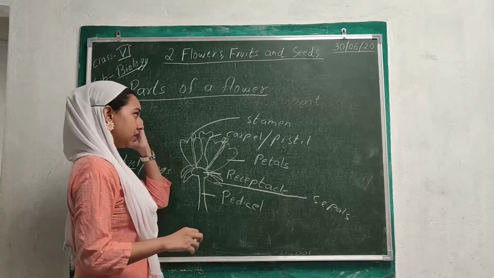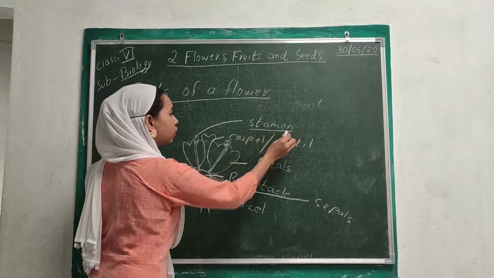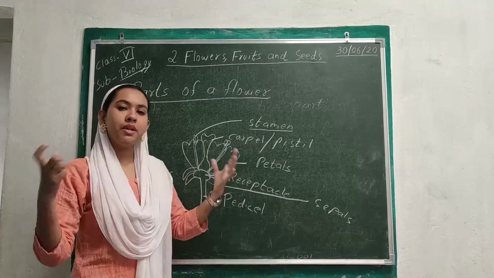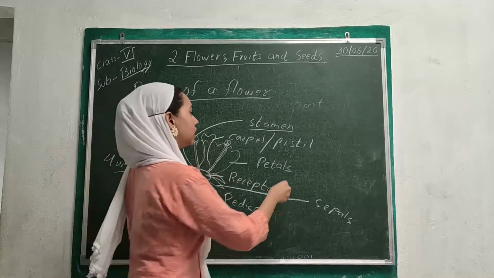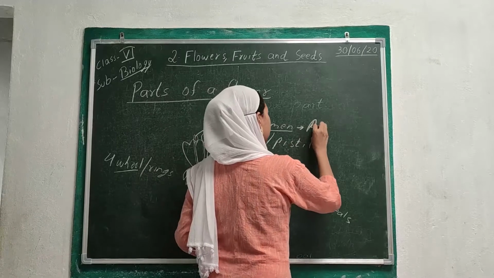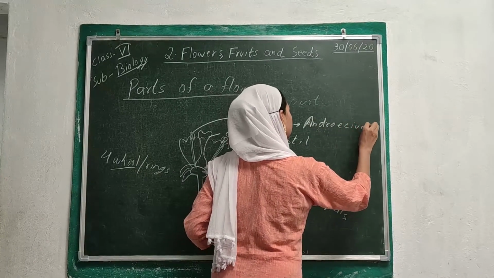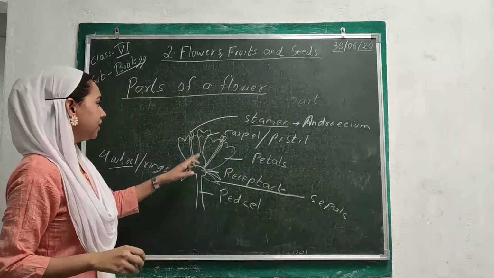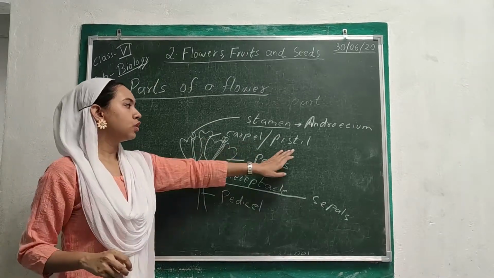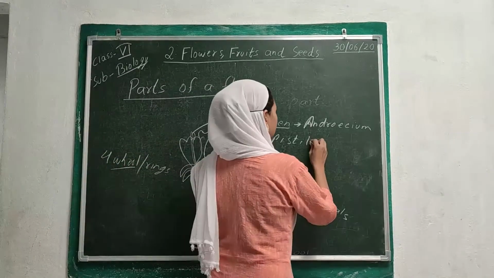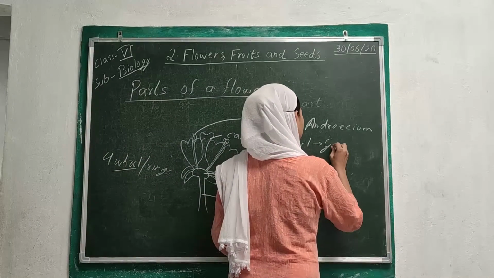Now, a plant can have many stamens, not only one; it can have 2, 3, many stamens. When more than one stamen come together, they are known as androecium. Then this structure, the carpel or pistil, when more than one pistil is present, together we call it the gynoecium.